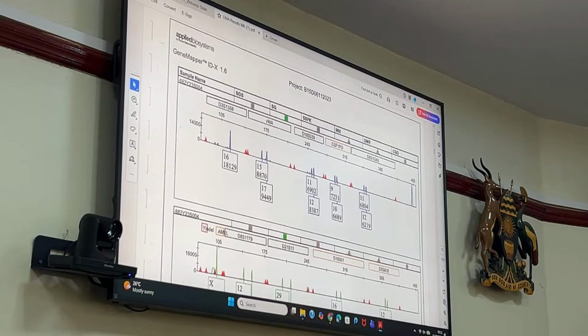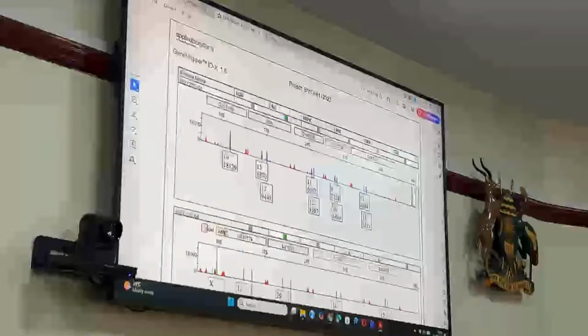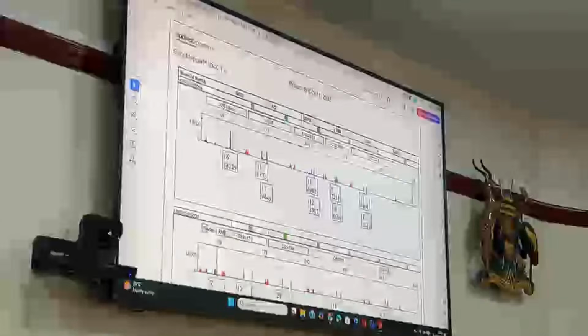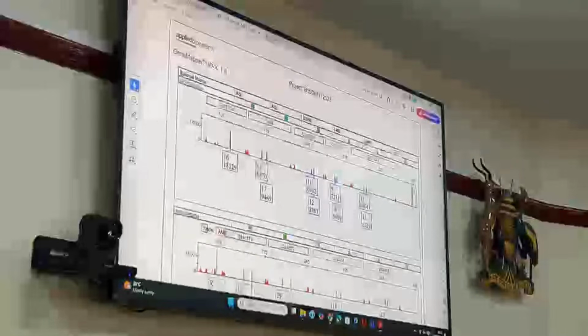So on the graph, in the boxes above what you can visually see as a peak, these are the individual areas of DNA which are targeted. In this system, the first area is D3.